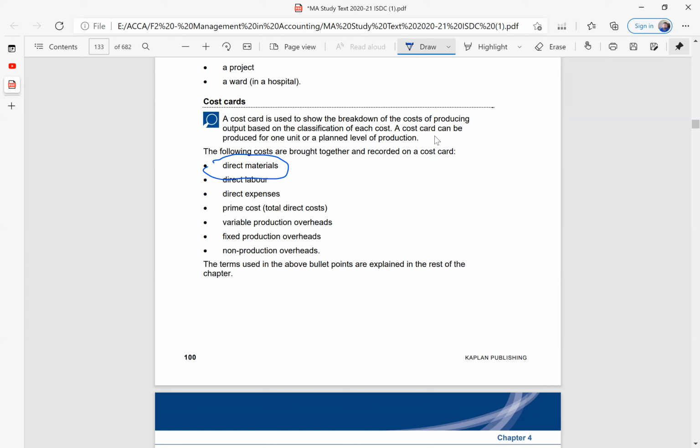So if you go to buy the material for 2 units, which means you will now be buying 10 wooden pieces. 5 for one table, 5 for the other table. So 10 into 1 costs you $10. Okay. This is direct material. Why is it called direct? And why is it just not called material?